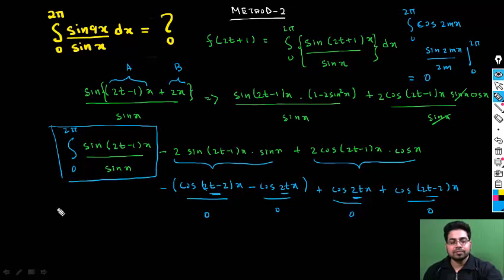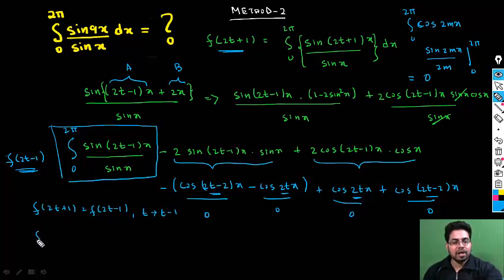Fine. If you look at this expression, this is nothing but f of 2t minus 1. And here this f of 2t plus 1 became equal to f of 2t minus 1. So if f of 2t plus 1 equals f of 2t minus 1, similar to the previous method, here I will replace t with t minus 1.